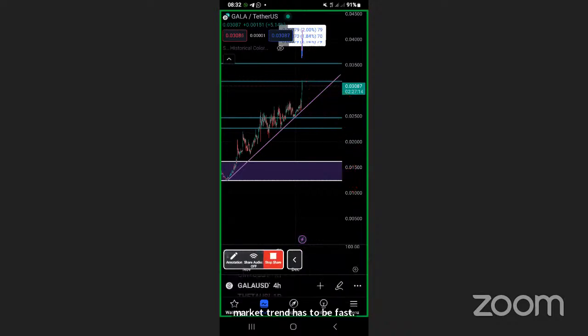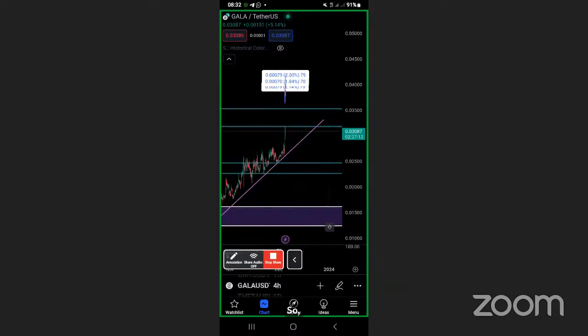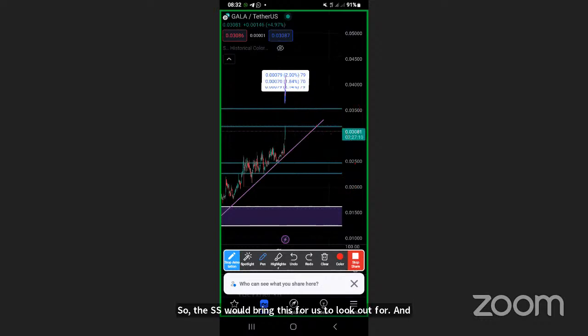So the essence of doing this was to look out for any possibility of a breakout to the downside. Is there a point where the price is going to come towards the support and fail to be supported? It is going to go below the support. Once that happens, it's already a signal that anything can happen soon. So if you're in the trade, take what you can and exit the market. You get that?